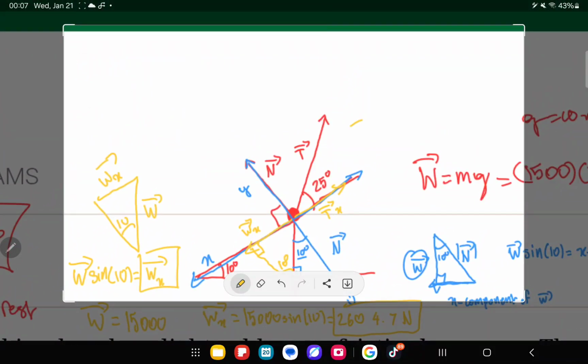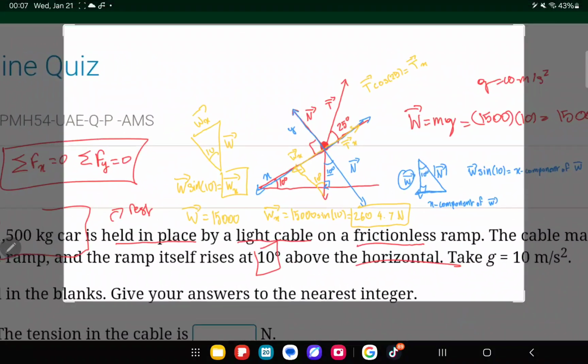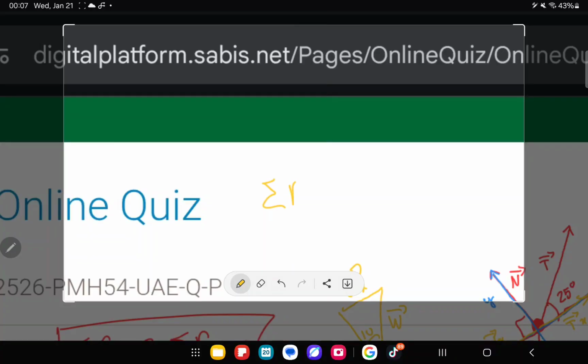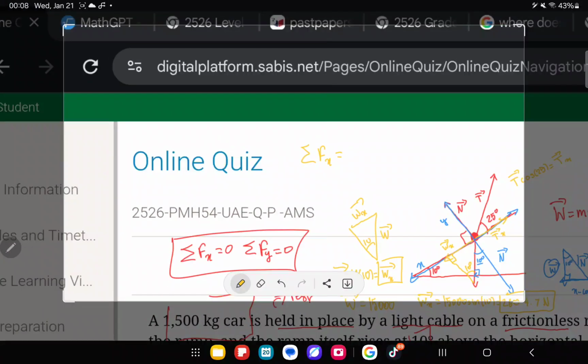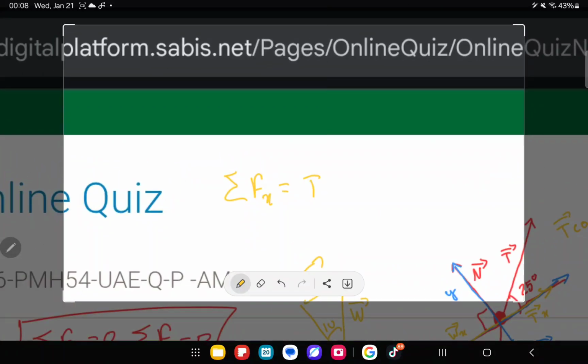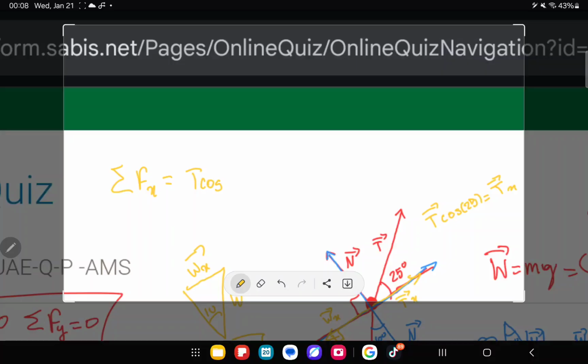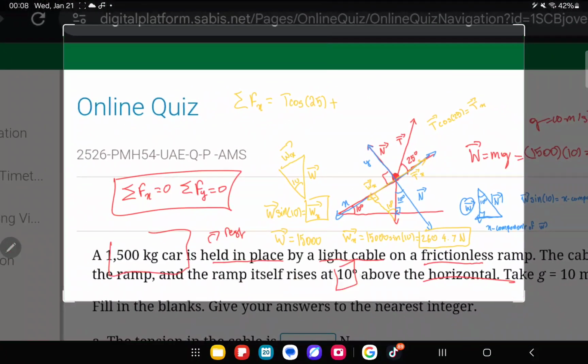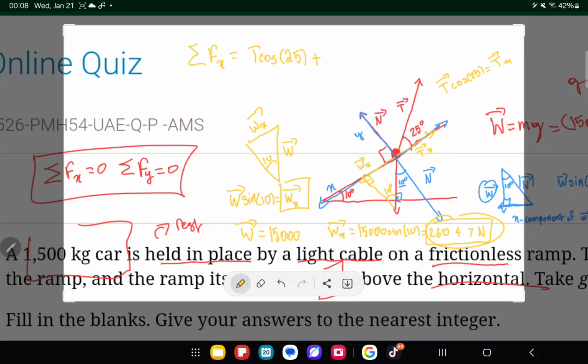We just have to do T cosine 25 is equal to the x component of T. So now, having the x component of W and the x component of T, we can say the sum of all x forces is equal to T cosine 25 plus WX, which in this case is 2,604.7.